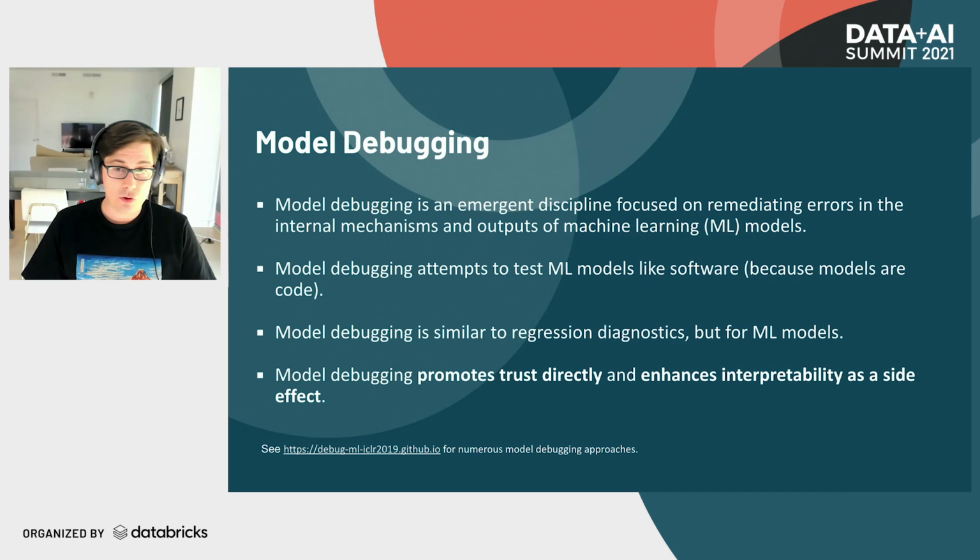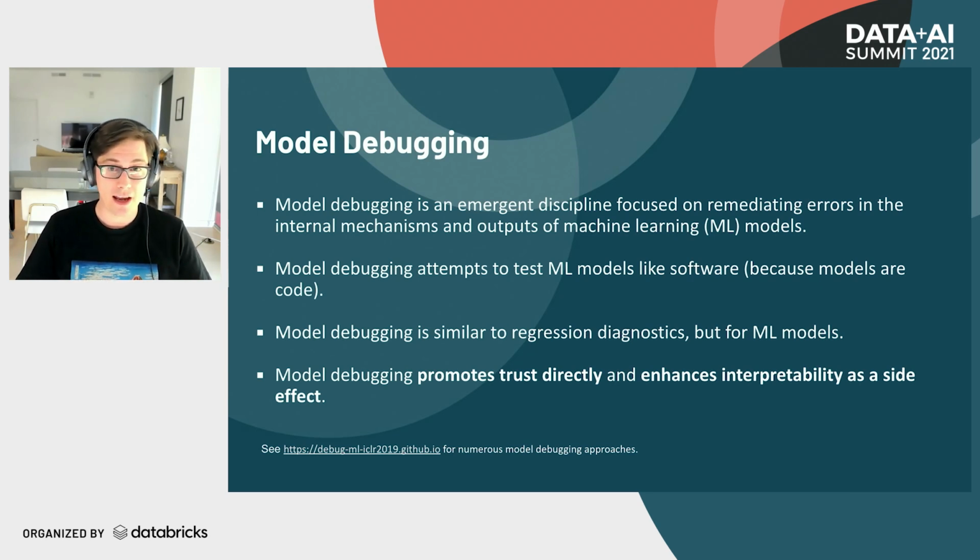So it's a new idea in some ways. Nothing under the sun is really new, but model debugging is new in some ways. So let's say it's an emergent discipline that's focused on finding and fixing errors in machine learning pipelines. We want to port over a lot of the best practices that we learned from our friends in software engineering to test our machine learning models whenever possible.